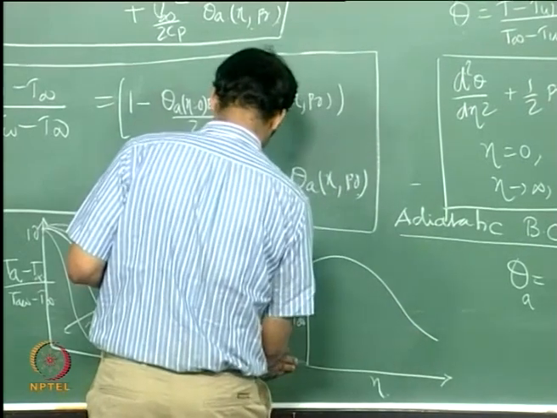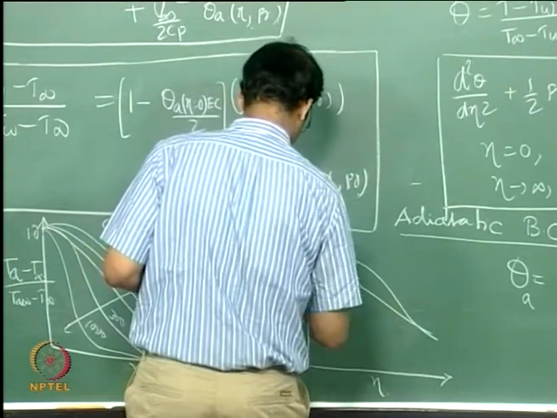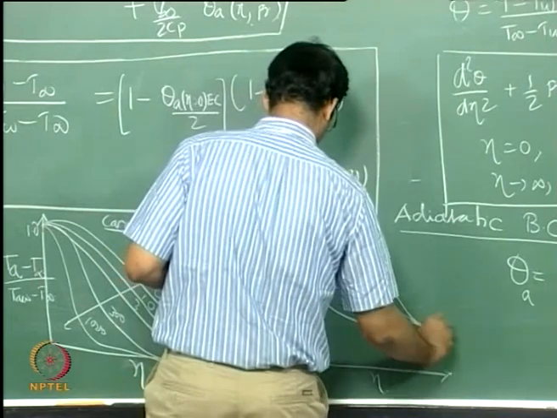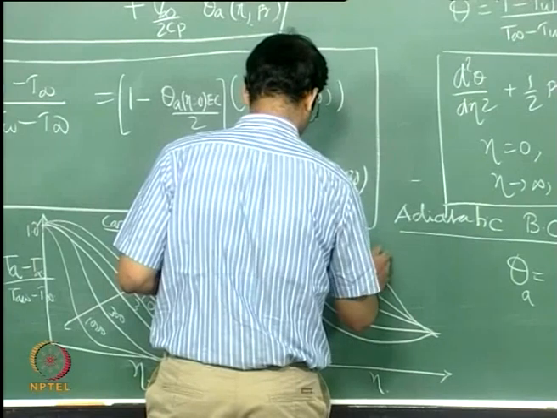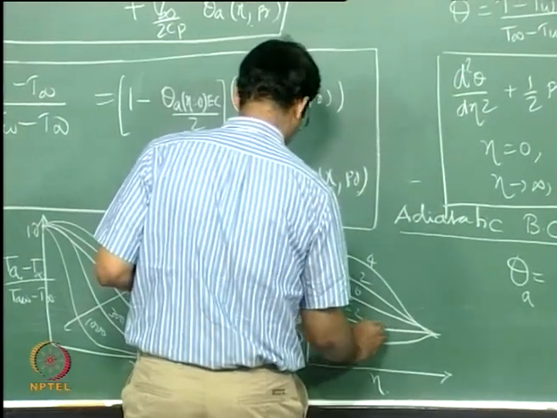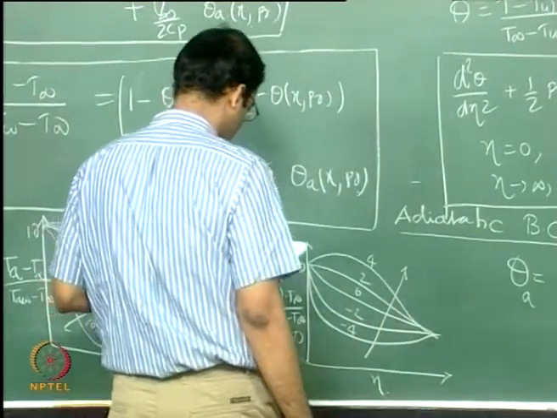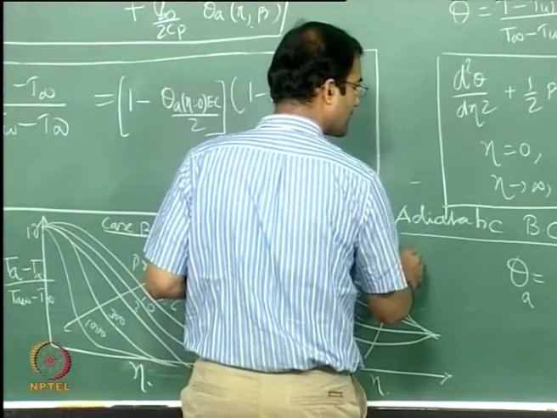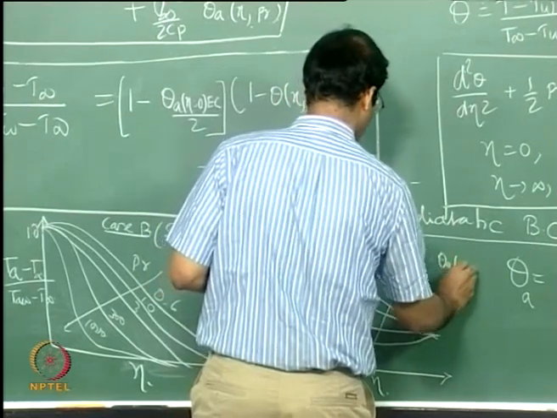My 0 actually is somewhere here. This is for different values of Eckert number into theta A, theta equal to 0.